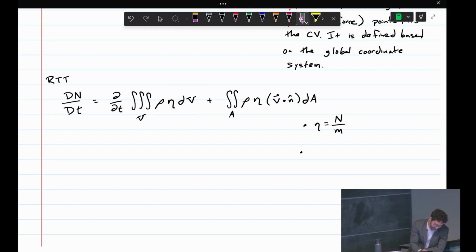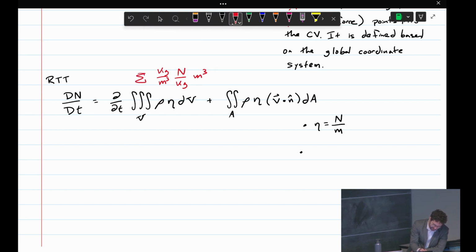So we expect, for example, kilogram per meter cubed times n per kilogram times meters cubed. These are the terms in each of this. These are the three terms. And then we just sum that. That's what an integral is.